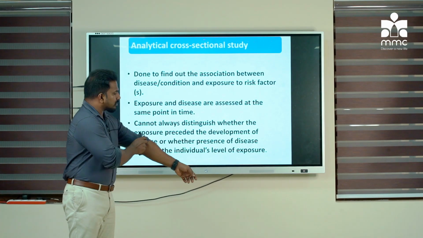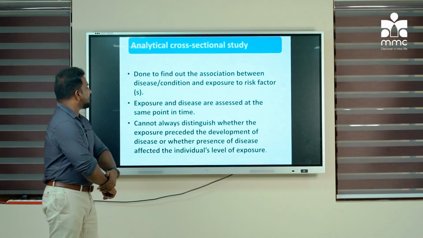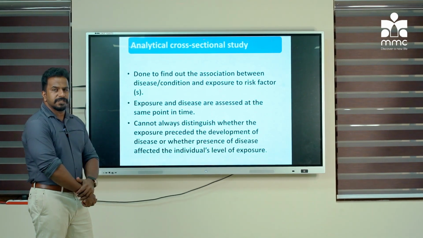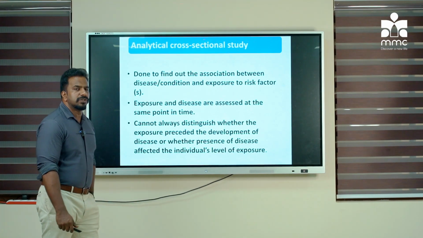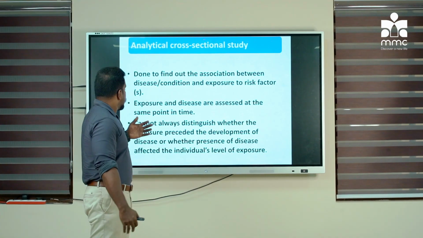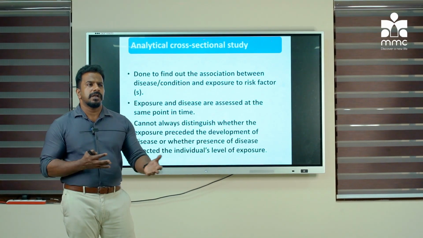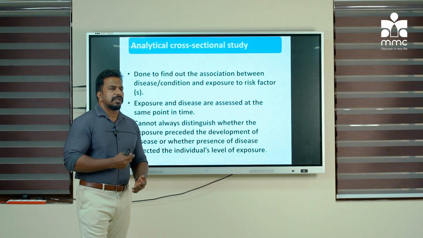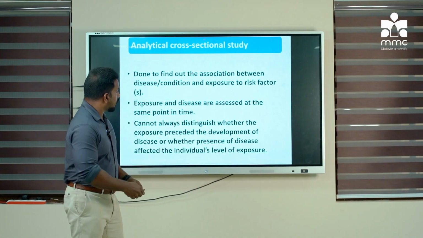So an analytical cross-sectional study is done to find out mainly the association between a disease and an exposure. Exposure and disease are assessed at the same point in time. We cannot always distinguish which exposure preceded the development of the disease. Like, all the time we cannot come to a conclusion of temporal association.